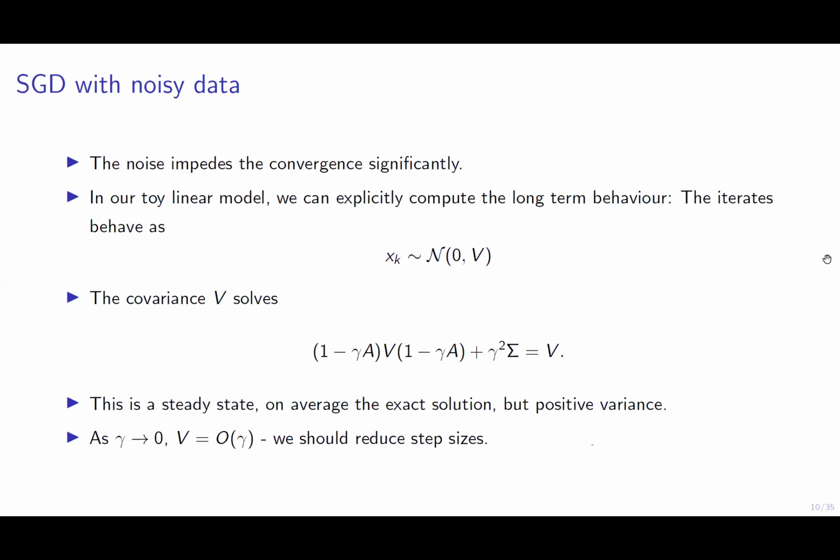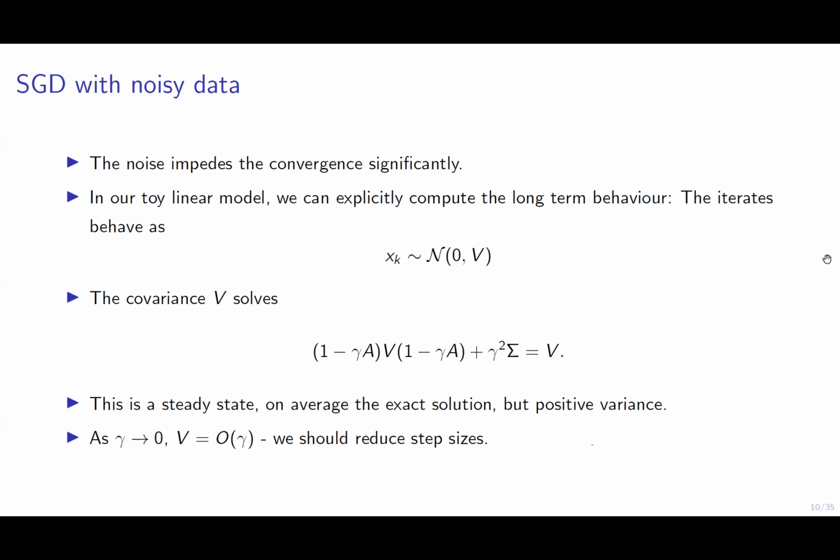Now, in this kind of toy problem, if we just have some kind of linear gradient and some mean zero noise, then there are some results. You can basically write by hand what the long-term behavior of this system is. So your iterates are going to behave like a normal distribution with mean zero. Zero is my minimizer in this case.